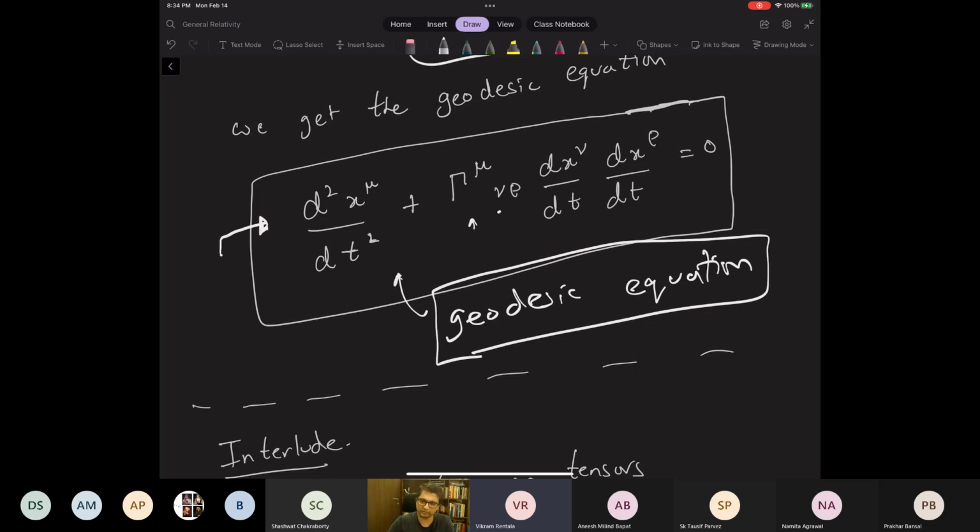The claim will be that particles follow geodesics. And what tells us what is a geodesic? Once you have a metric, the metric will pick out a specific choice of connection, one connection at all points on the manifold, so that will be a unique connection.